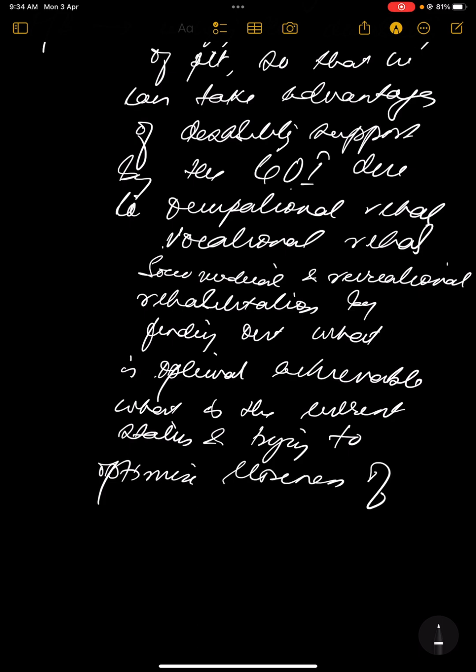Now the other questions asked are, what are the causes of amputation?